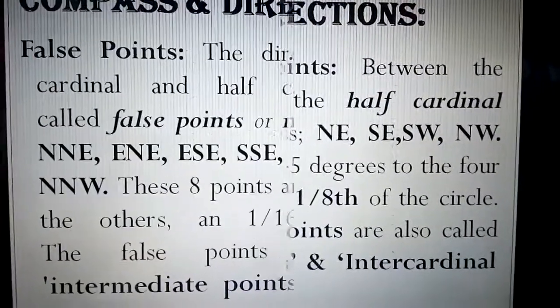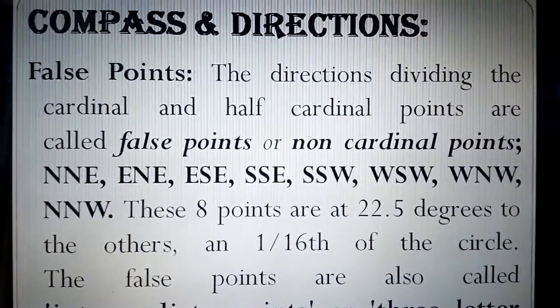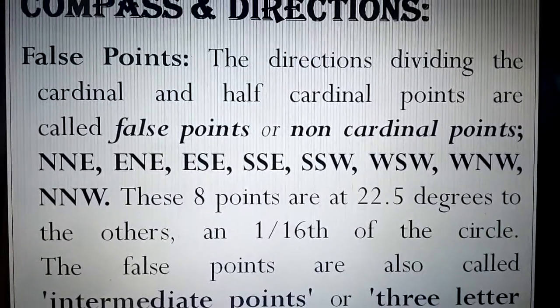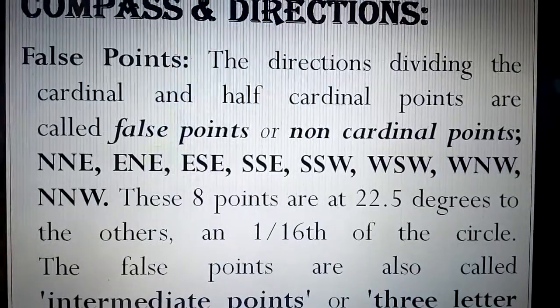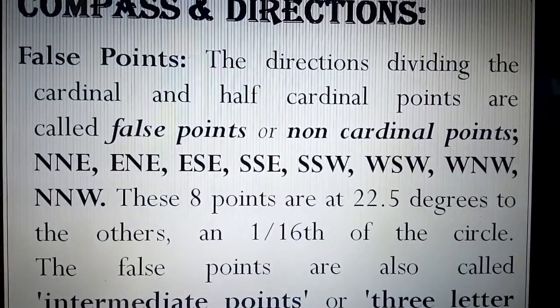Now we will see the next. Another point type is false points. False points are also known as non-cardinal points. The directions dividing the cardinal and half cardinal points are called false points.